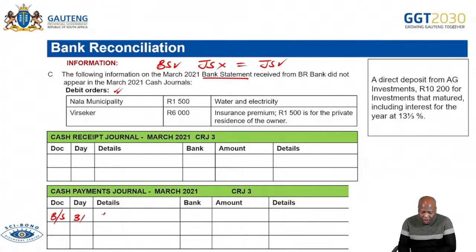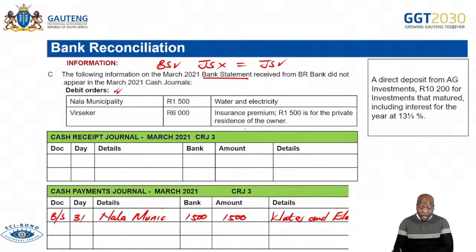And then the details, I'm going to say Nala Municipality. Here is the municipality. And the amount is 1,500. Here's my 1.5. I come to the amount again. I say 1.5. In details, then I say water and electricity. I have recorded this one.